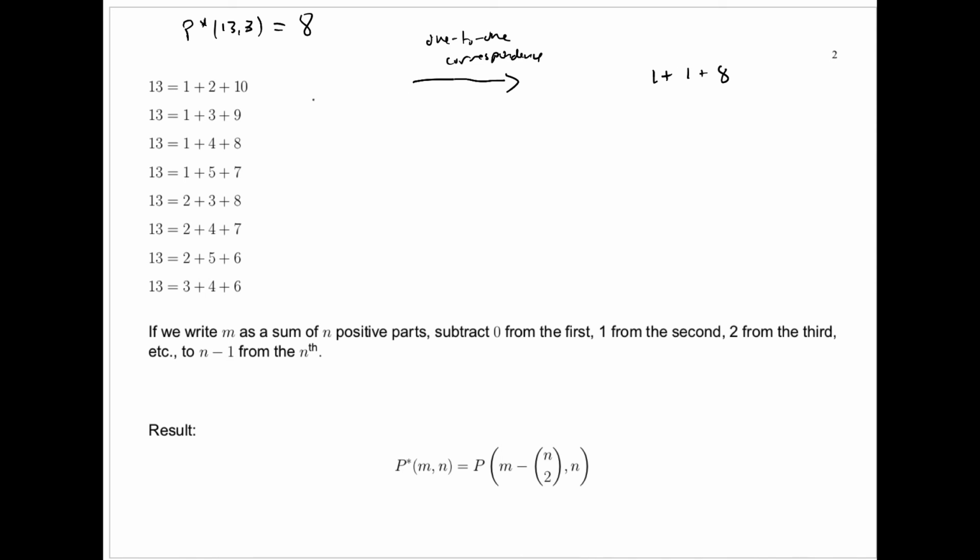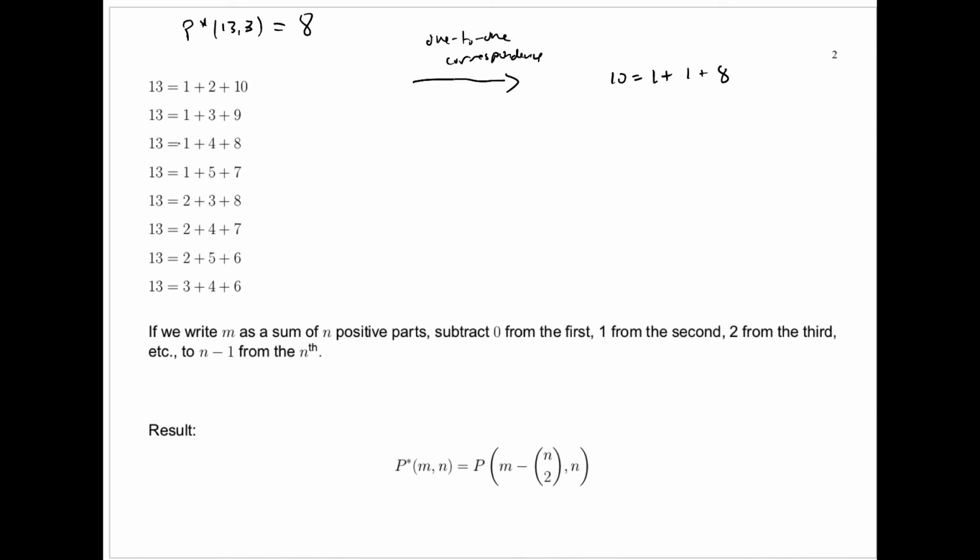Here we see it's a 1. The third integer has to be at least a 3. When I subtract 2, it has to be at least a 1 still. Now I've subtracted nothing from the first, 1 from the second, and 2 from the third. I've subtracted 3 total, so of course it shouldn't surprise you that the total drops by 3. We get 10 equals 1 plus 1 plus 8.